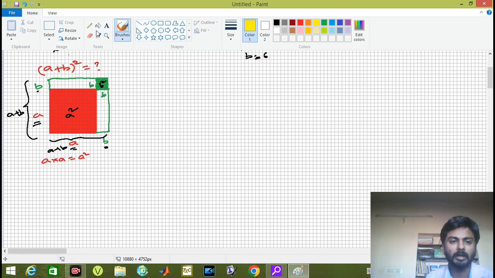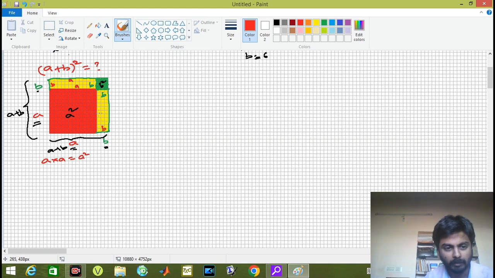These two rectangles have a side, see, this length is a, breadth is b, that is what we have written. And here also we have length b and breadth a. So this will form a rectangle AB.